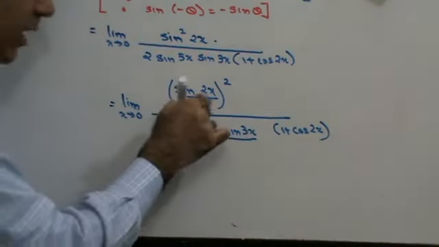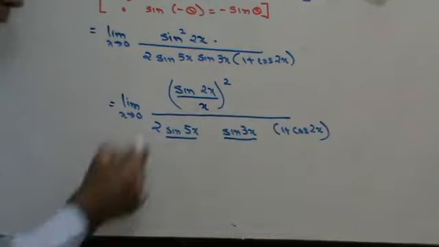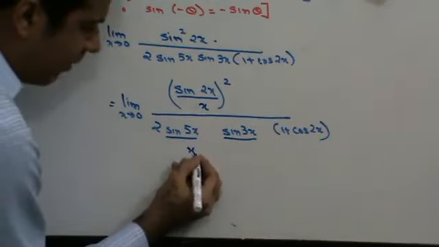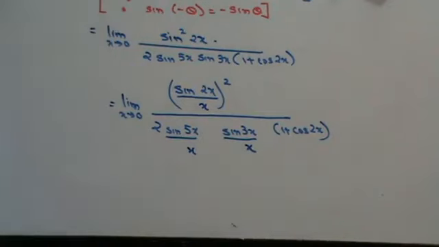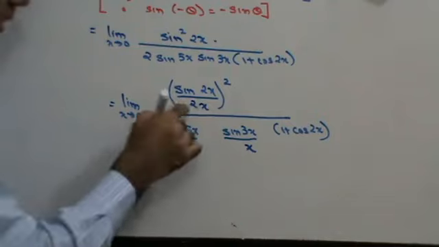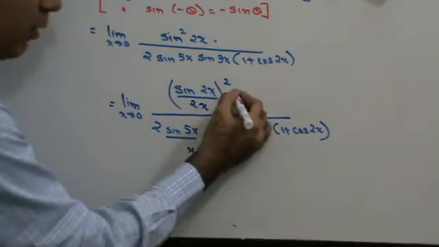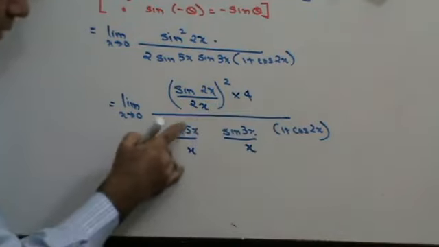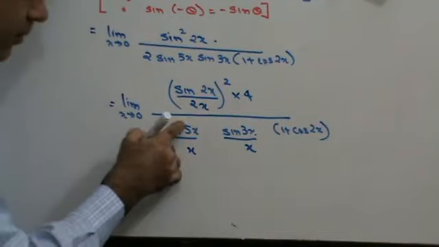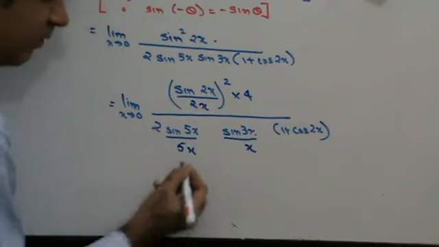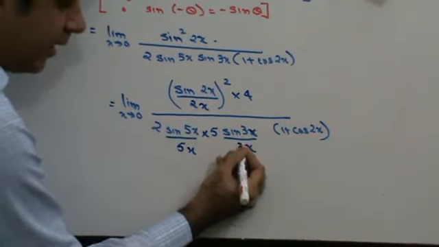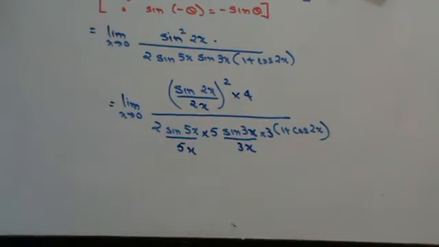That means in reality I am dividing by x square. I am dividing the numerator by x square. Hence I will divide the denominator also by x square. Divide by 2. That means I am actually dividing by 4. Multiply by 4. The angle in the numerator and the number in the denominator has to be same. If this is 5, divide by 5, multiply by 5. Divide by 3, multiply by 3.